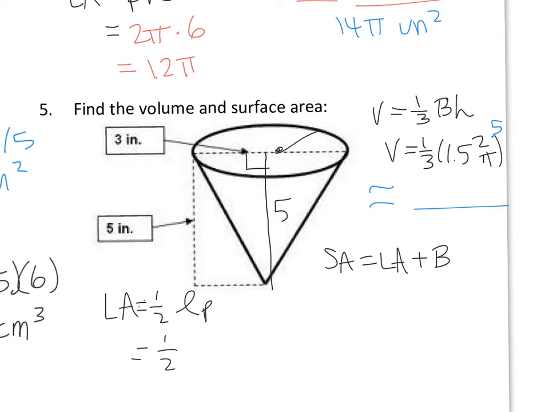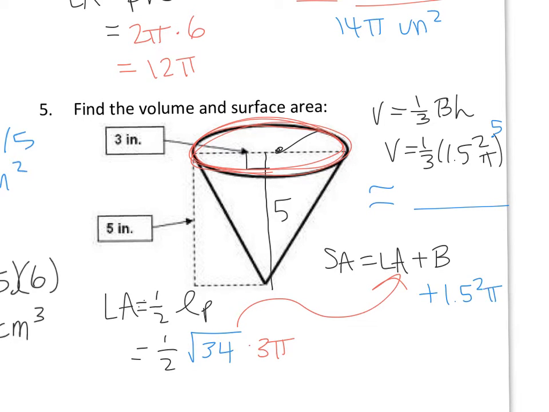So it's 9 plus 25 is 34, so it's the square root of 34. Times the perimeter of the base, which is the circumference, so it's 3 pi. So you're going to put that all in, and then add the area of the base. The area of the base is 1.5 squared pi.